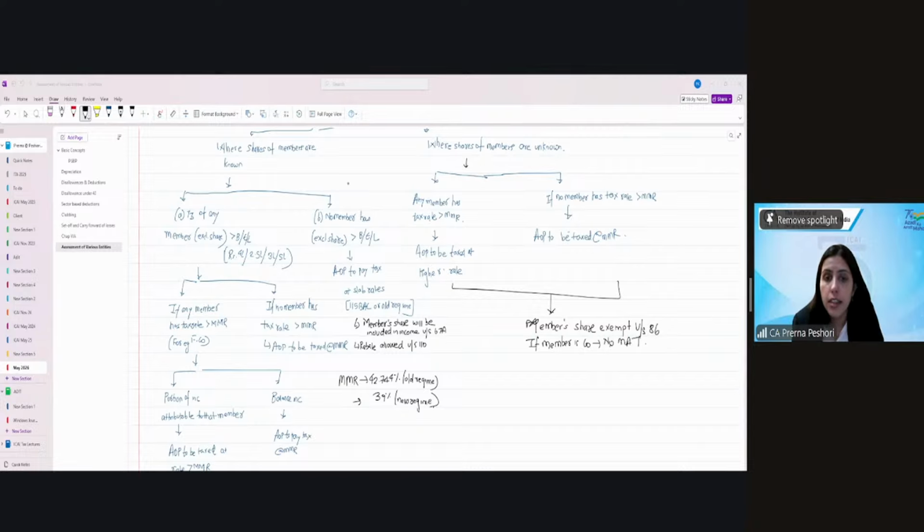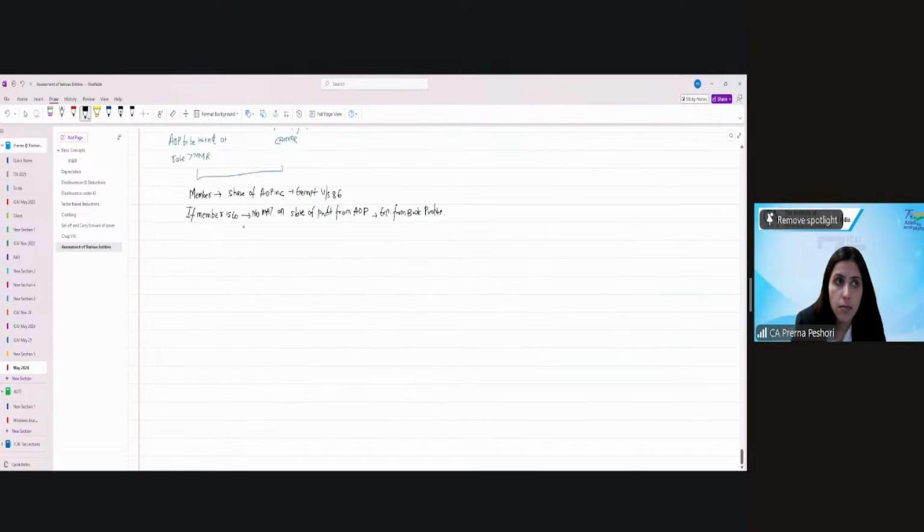Okay. Now we'll see how this particular thing is worked out, where the AOP is paying the tax as per the slab rate. So, computation of share of member, let's write like that.